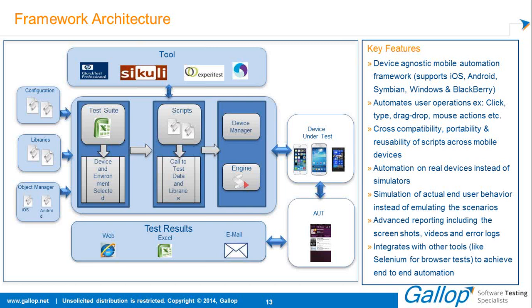And this whole framework, because of its architecture, can be plugged into your existing automation suite that you might have for your web applications, or if you are considering automating your web and mobile together. So this framework allows you to plug these two into a central repository and then attach it with your CI tools.